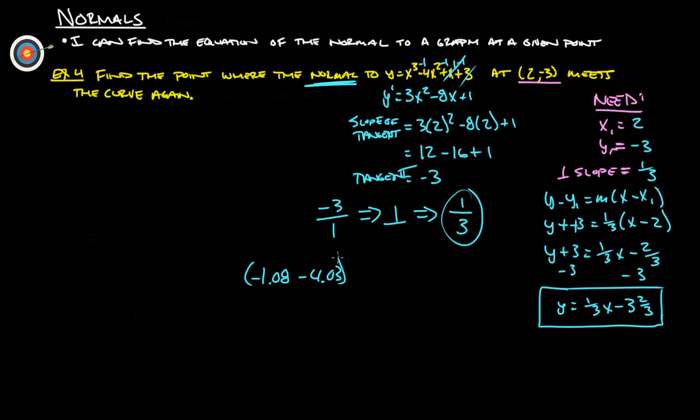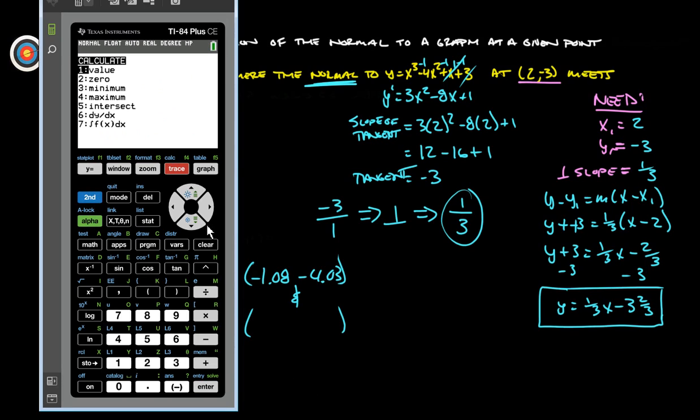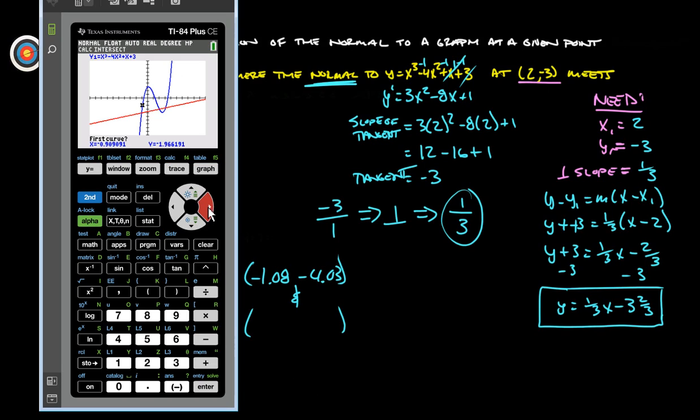All right, so there's one intersection point, and it meets at another point here too, right? So it also meets over here. So second trace, and now I'm just going to scroll this over, so I'm closer to this intersection point. Because if I do it right here, it's going to find this intersection point, which we already know is at 2, -3.